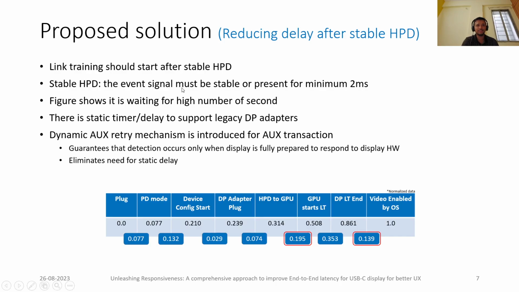Link training should start as soon as HPD is stable. Now let's understand what stable HPD is. Stable HPD is the signal which must be present for a minimum of 2 milliseconds or higher. You can see it is waiting a large amount of time before it starts link training. Why was this happening?